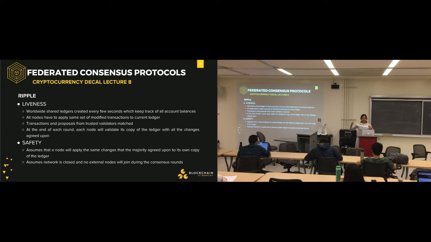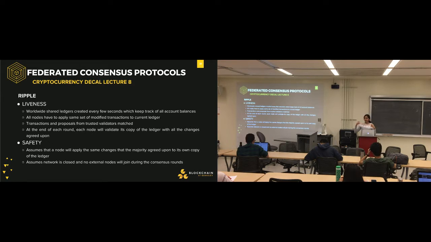Every node has a group of other nodes which they call their set of trusted nodes. So they match up any proposals they have received from their group of trusted nodes with any of the pending transactions. And if there's a match, they vote for it.